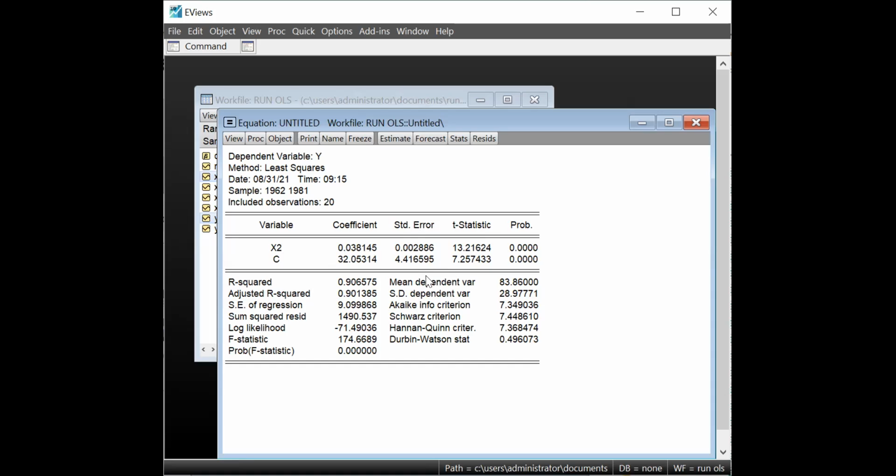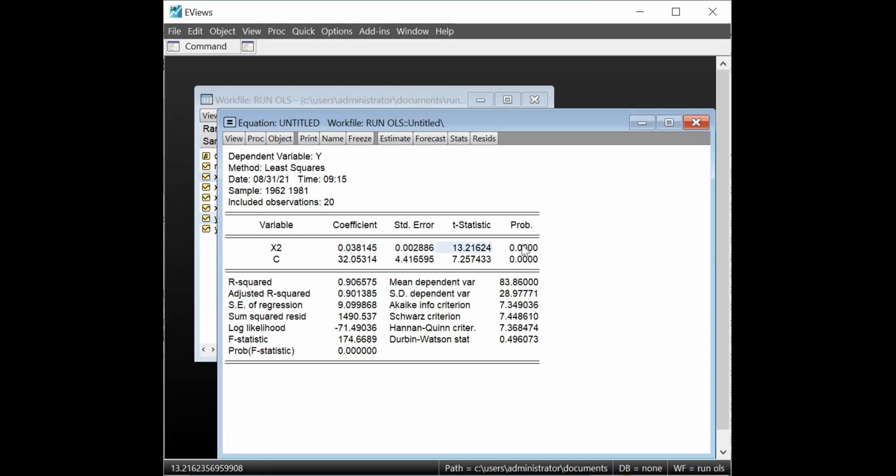I explained the standard error already. The standard error is the square root of the variance of the coefficient. The t is the coefficient divided by the standard error. 0.03 divided by 0.002 something, we get 13.